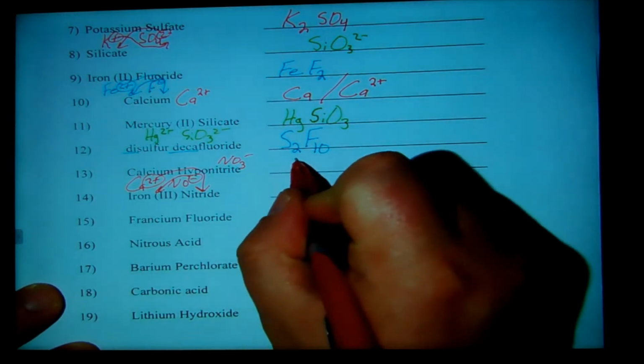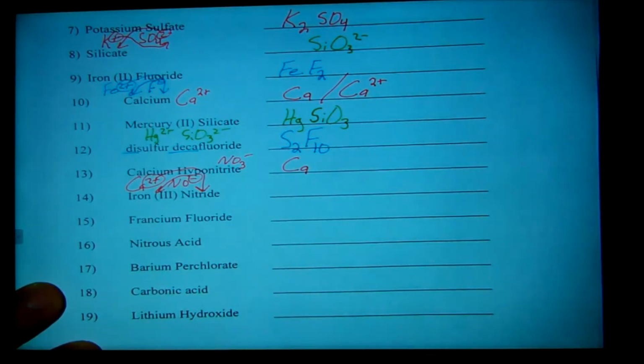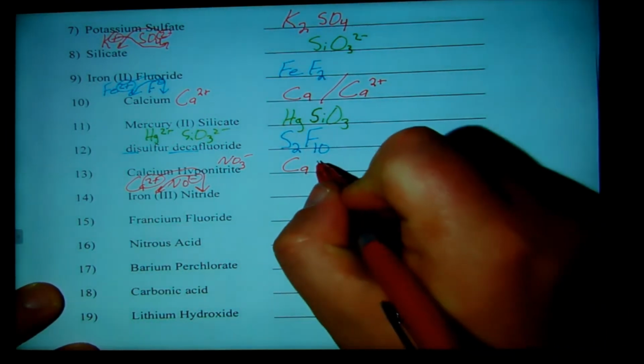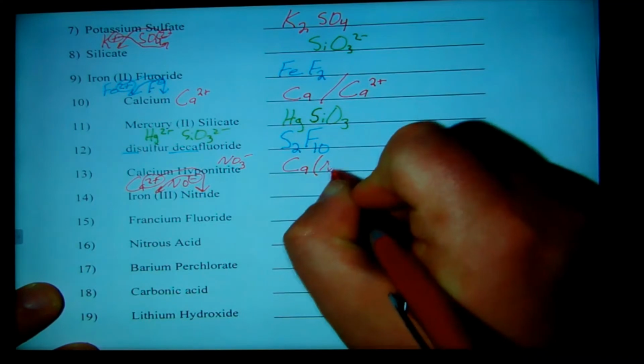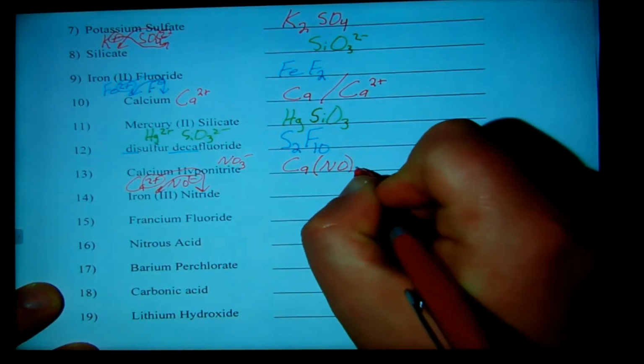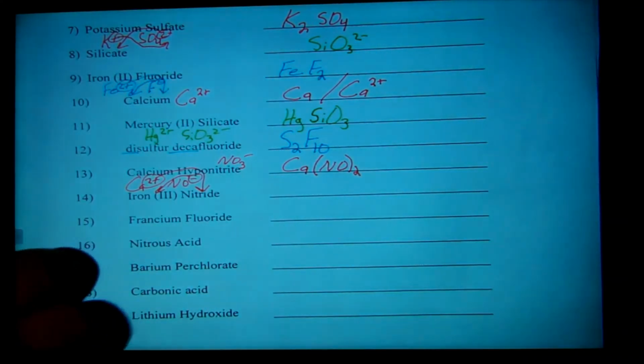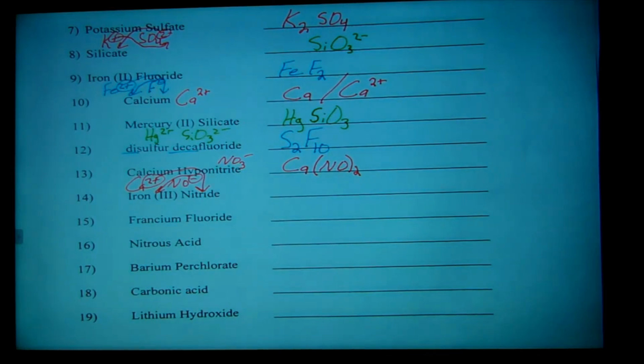We only have 1 calcium, so Ca. But that 2 from the calcium comes over for the hyponitrite. I need multiple hyponitrites, so I had to put this in parentheses. If you don't put it in parentheses, and you just put that 2 next to it, then it's like you're saying there's 2 oxygens, which would make that nitrite. So you need to make sure you get that. If you got questions about it, come see me.